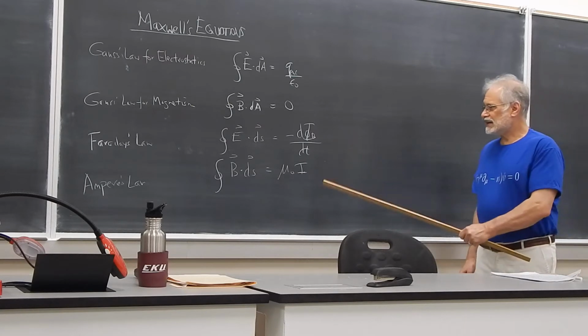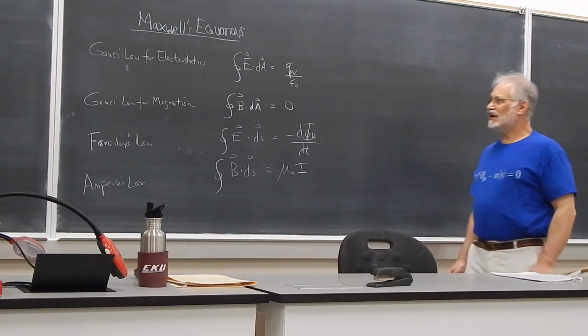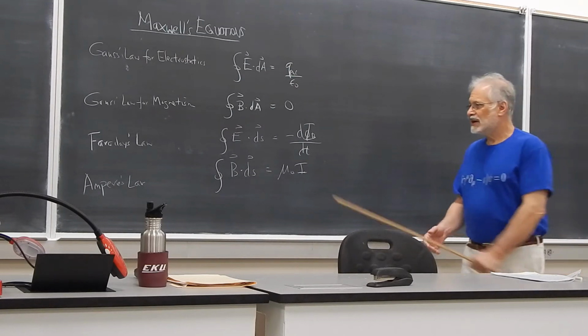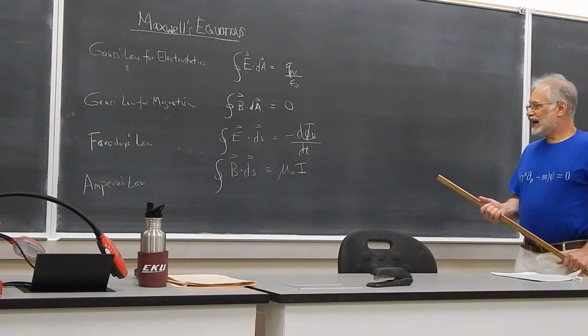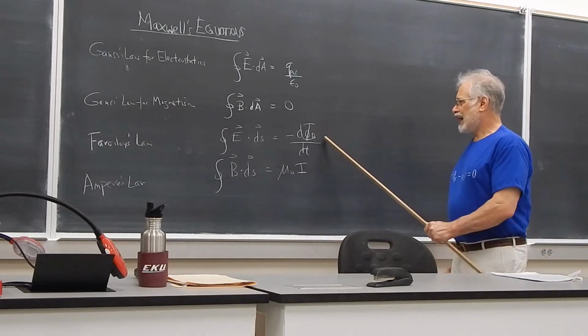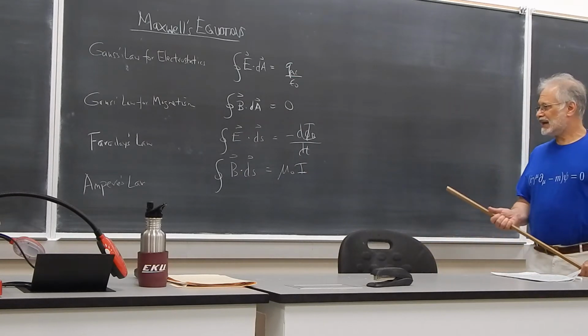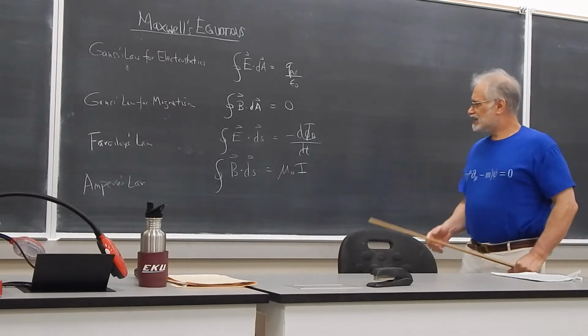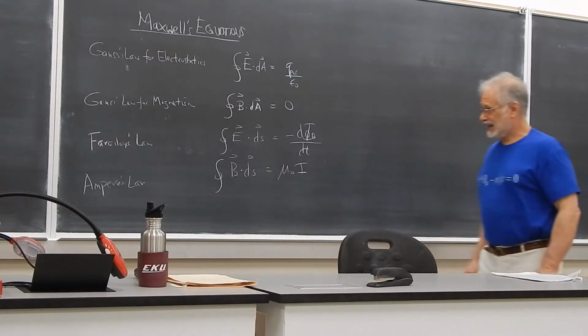Now, if you notice, there's an asymmetry here, where you have a symmetry between Gauss's law for electrostatics and magnetism. Faraday's law and Ampere's law seem to lack a symmetry, and that is the following. If changing magnetic fields can produce electric fields, Maxwell reasoned that changing electric fields should also cause magnetic fields.